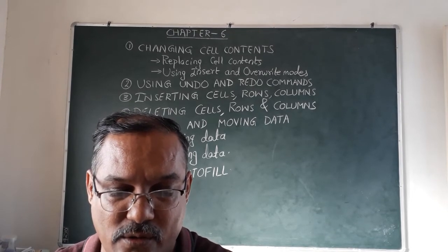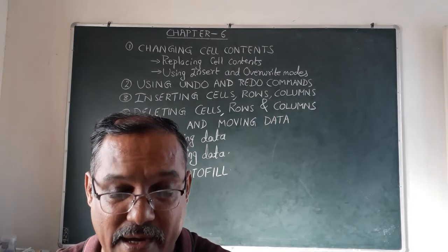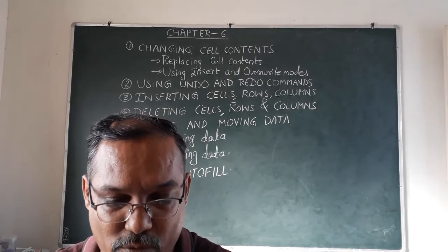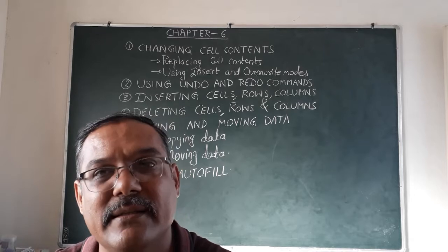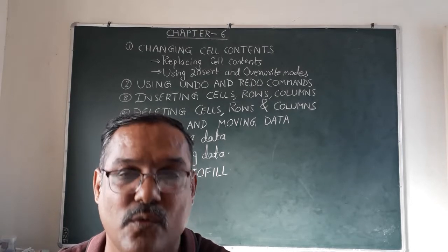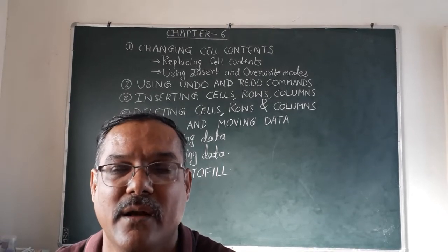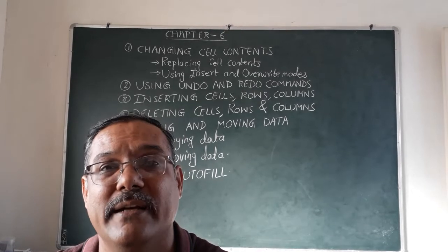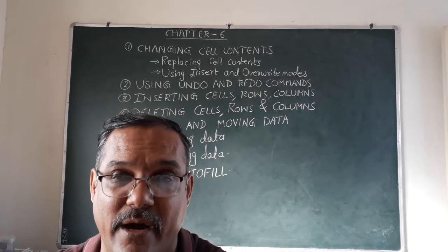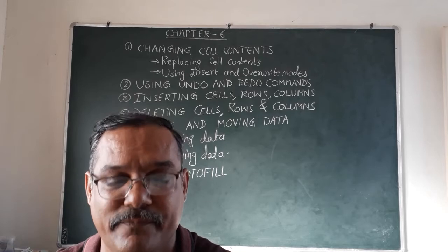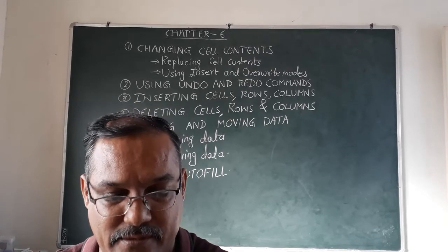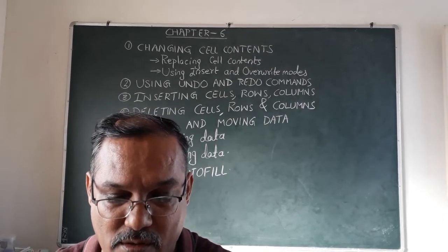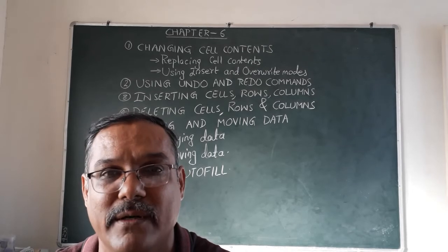First of all, copying data. To copy and paste data, you have to follow these steps. Number one, select the cell or the range of cells you want to copy. It may be that you have to select a complete range, or only a single cell. Now click on the copy button on the standard toolbar.